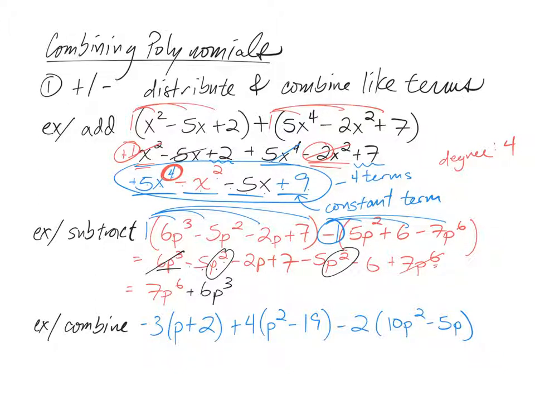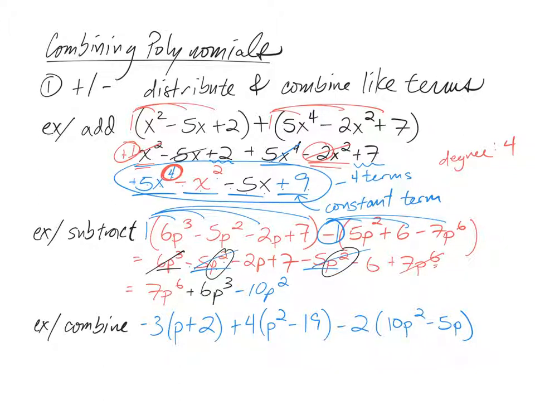So we have negative 5p squared minus 5p squared. So these 2 terms actually combine to negative 10p squared. If you have a minus 5 and another minus 5, minus 5 more is minus 10. Don't get confused. Don't try to make it a 0.